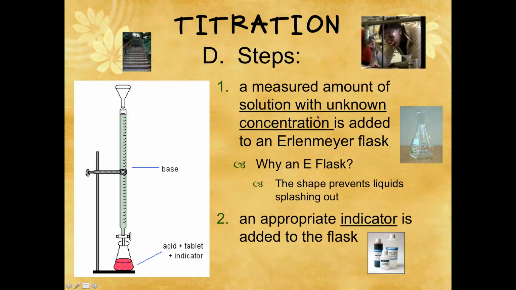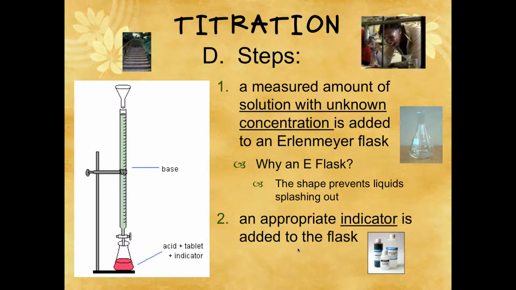After you measure your unknown solution, then you're going to add an indicator. In this case, it says a tablet indicator. It could be a liquid. It could be just drops of it. And the indicator, if you remember from a couple days ago, is a chemical that has a chemical reaction with the H's or OH's in the solution, and it changes color so that we can see.